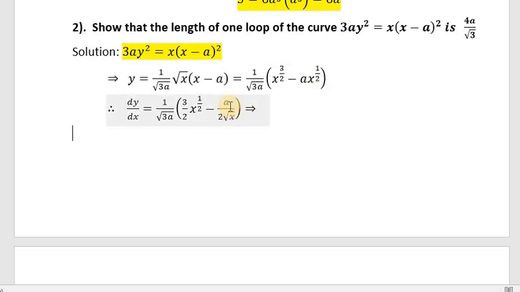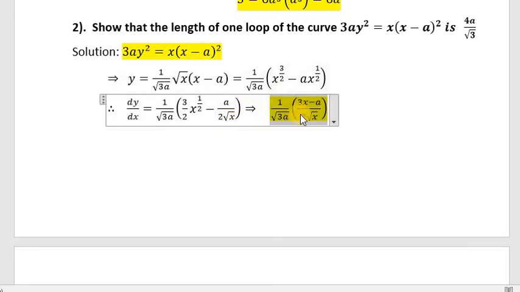A is a constant, so the derivative of x to the power of half is 1 by 2 root x. By simplifying this, we get 1 by root 3a into 2 root x. If you take the LCM, then x to the power of half into root x is x, so we get 3x minus a by 2 root x. So this is the value of dy by dx.